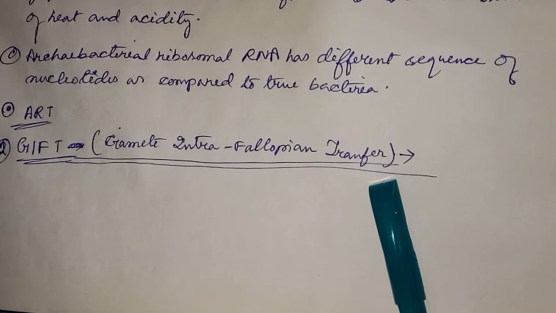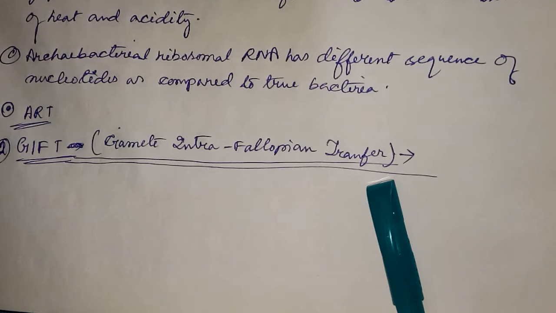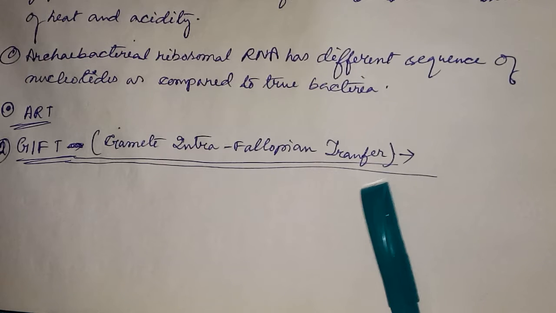In this procedure, washed sperm and two retrieved ova are transferred into the fallopian tube with the help of a laparoscope. Therefore, fertilization occurs in the fallopian tube. This technique is used in those cases where the husband has very low sperm count.